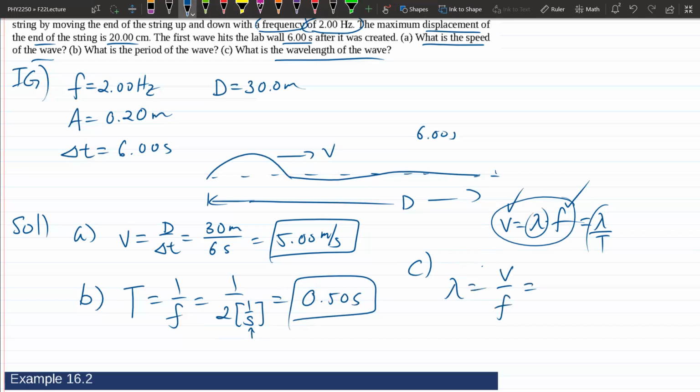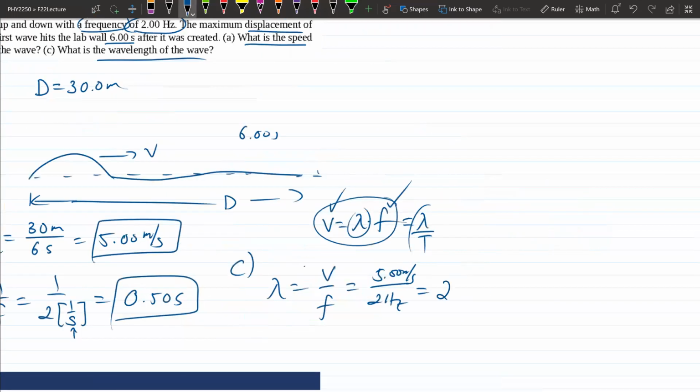The speed was 5.00 meters per second, and the frequency was 2 hertz, and so the wavelength is actually 2.50 meters, okay? All right. So the speed of the wave has units of meters per second, as you expect. Period has units of seconds, and wavelength is a length, so it should have units of meters, okay?